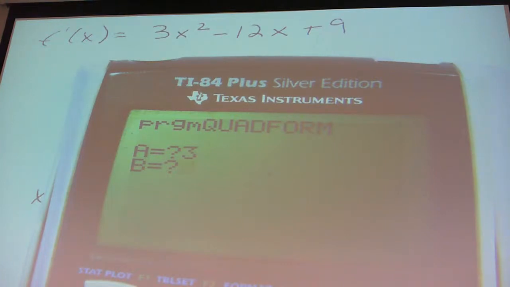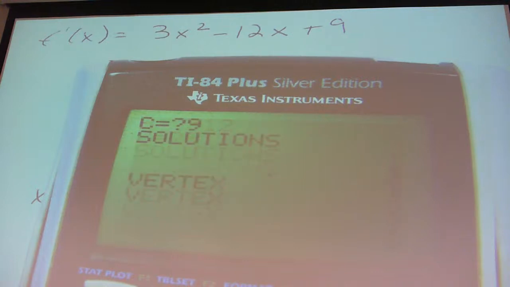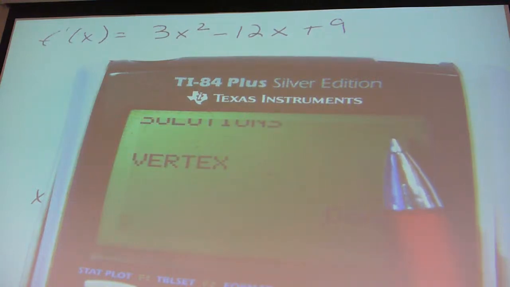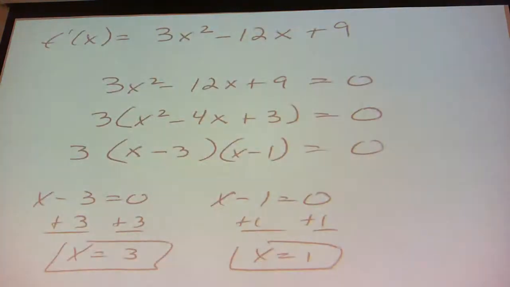What's B? Negative 12. What's C? 9. And if I do the quadratic formula, what would I have done for solutions? 1 and 3. There's a shortcut.